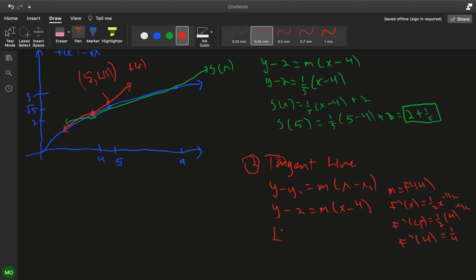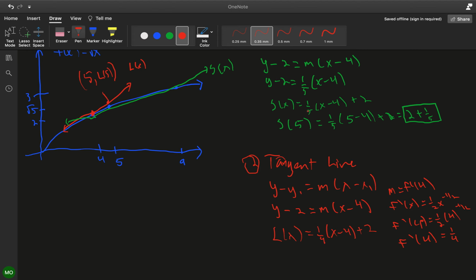So then this means L of x is going to be equal to our slope 1/4 times x minus 4 plus 2. So we can see that the biggest difference between our lines that we've constructed is the slope.